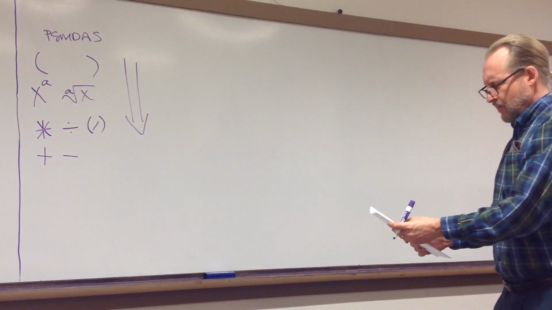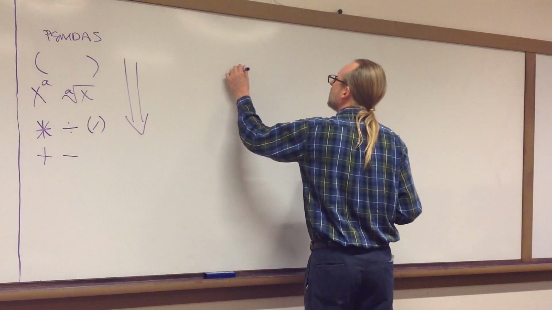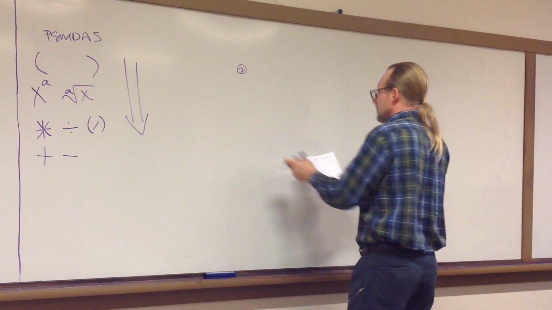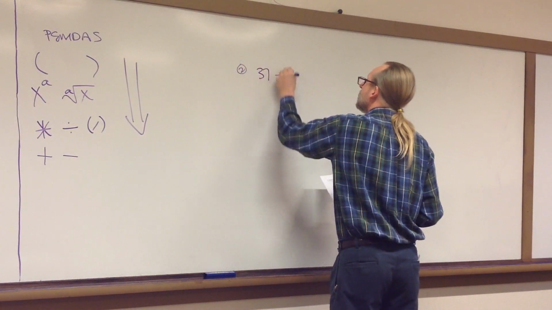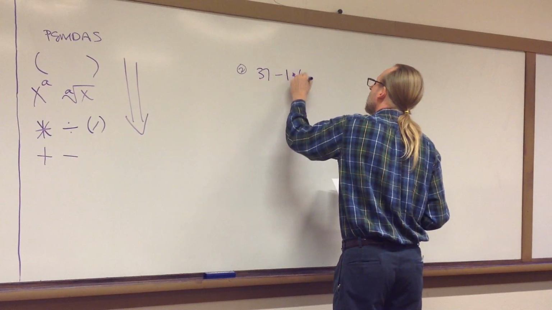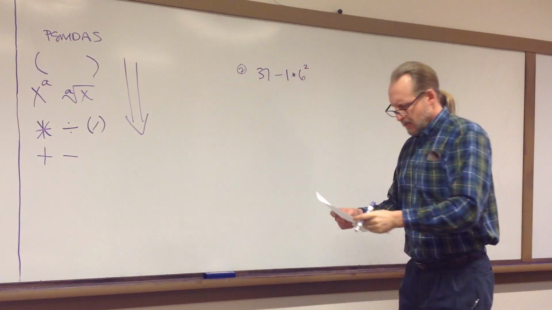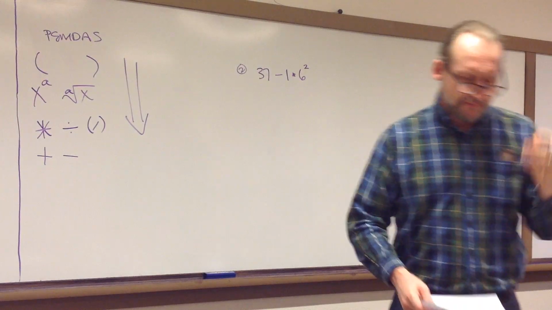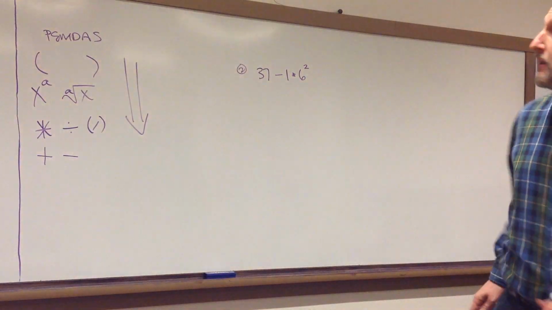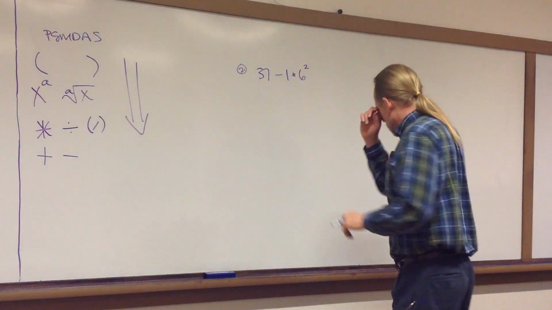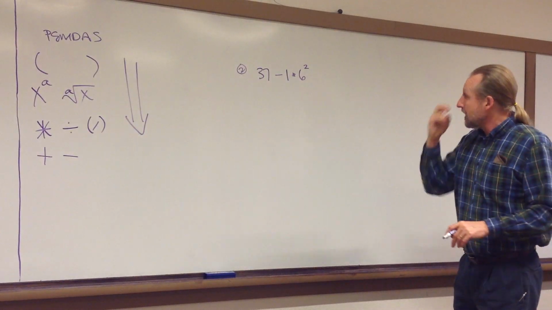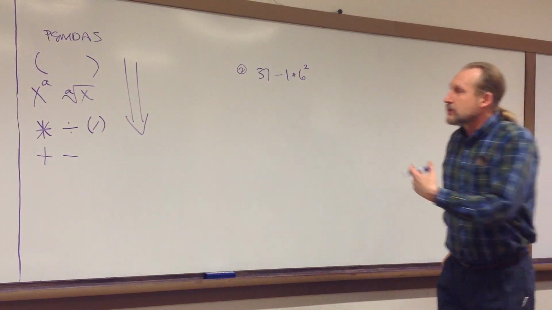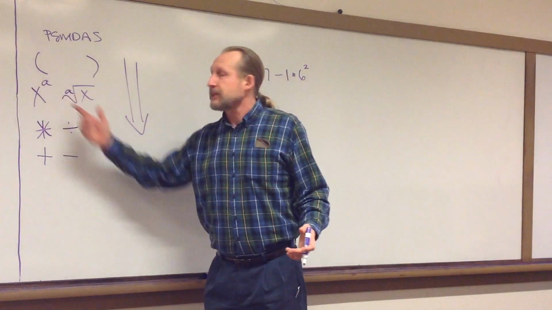Let's see here. Problem 2. Oh, this is a good example, I think. Problem 2 says 37 minus 1 times 6 squared. Well, I would change that to make it a little bit better example, but it's fine as is. Okay? So there's no parentheses. So immediately we want to look for exponents and roots.